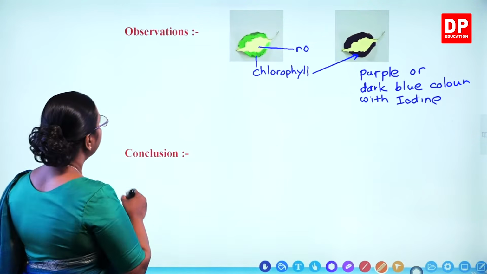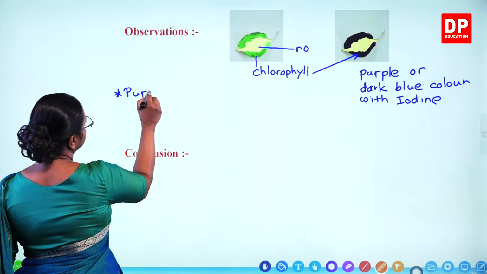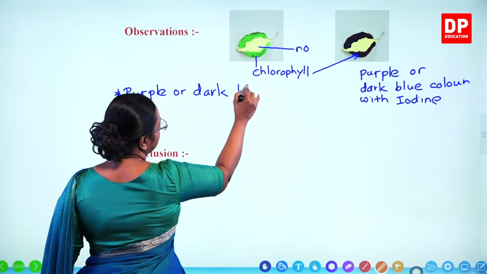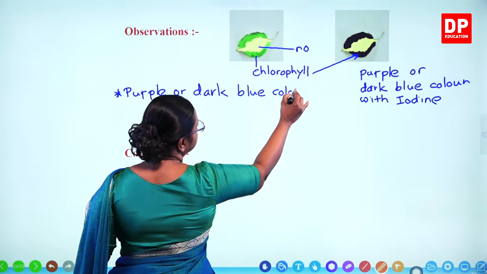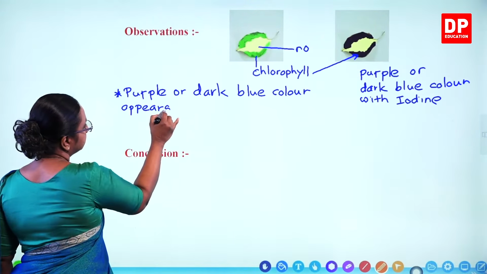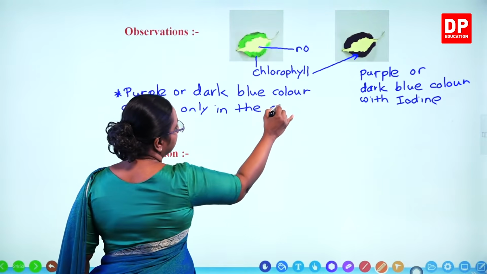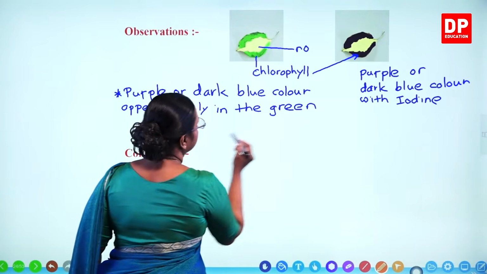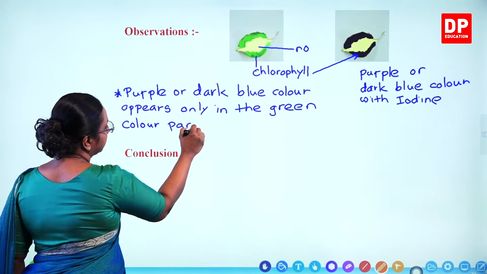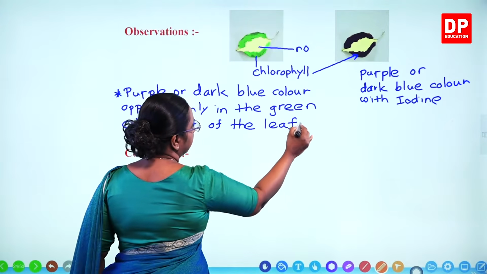So if we write down the observations, purple or dark blue color appears only in the green color part of the leaf.